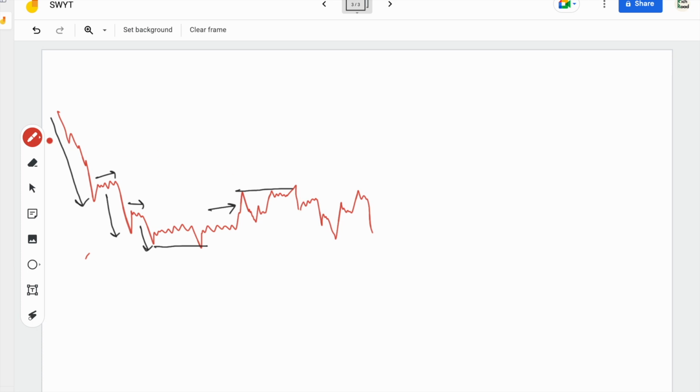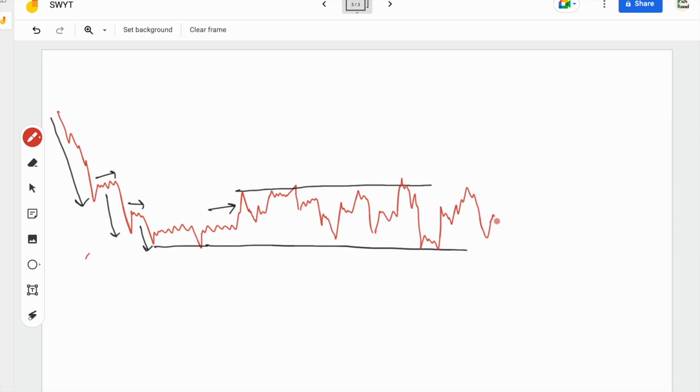Now this is the action your stock can do for months, for weeks, or even for years. As a trader or investor, if you put big money here, there is a lot of opportunity cost associated with it. You might be losing very good opportunities in the market. So this is how a typical basing area looks.